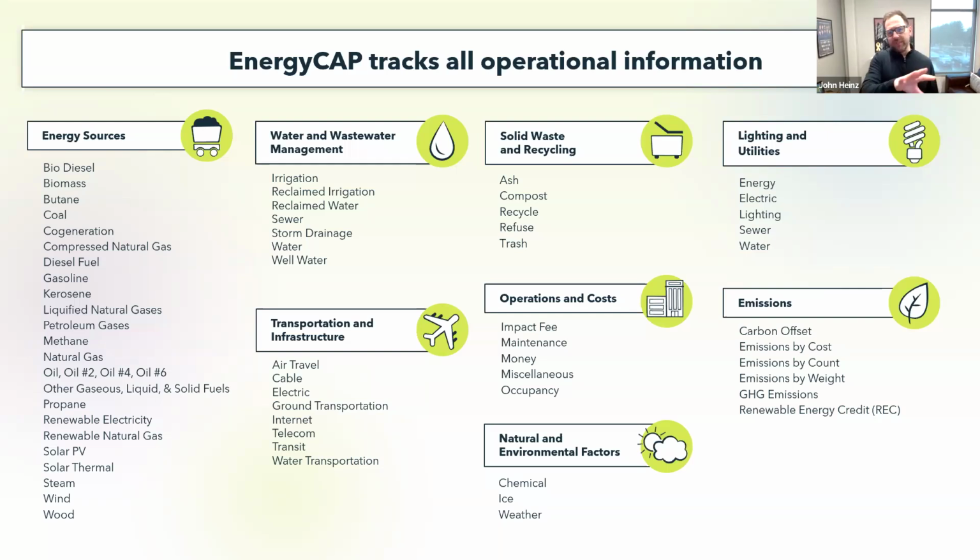So this gives you a snapshot of some of the commodities that our customers are tracking because they are important cost or use, or resources that they're consuming at a building.